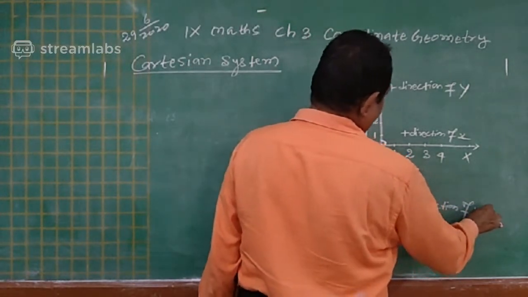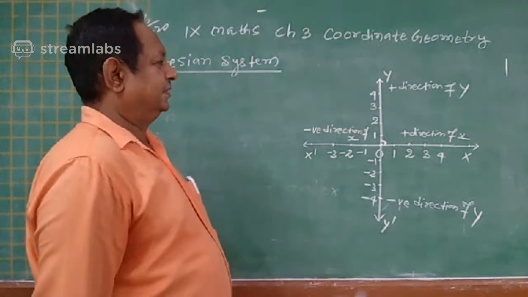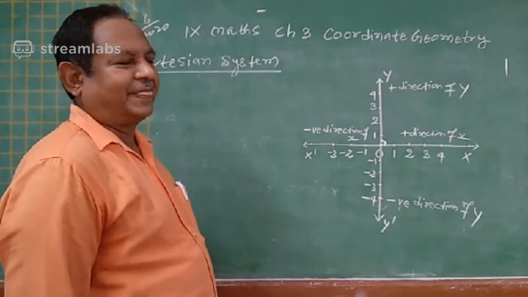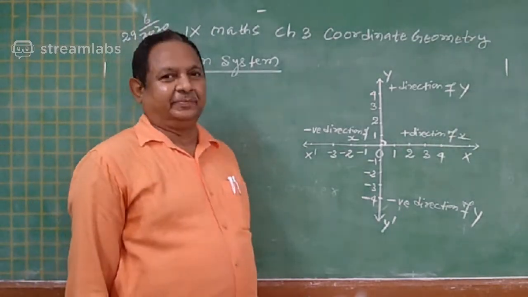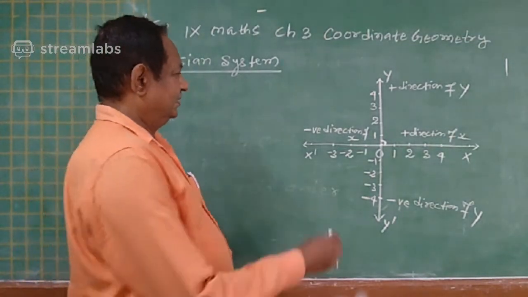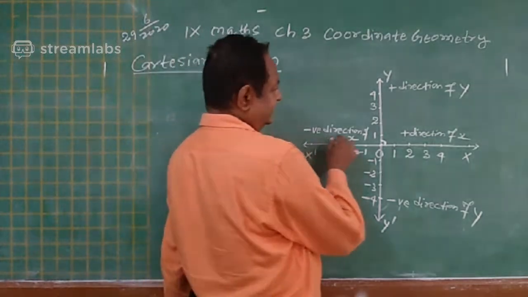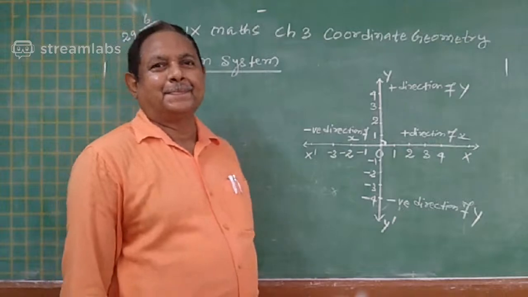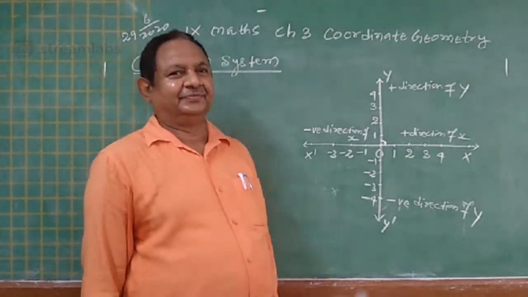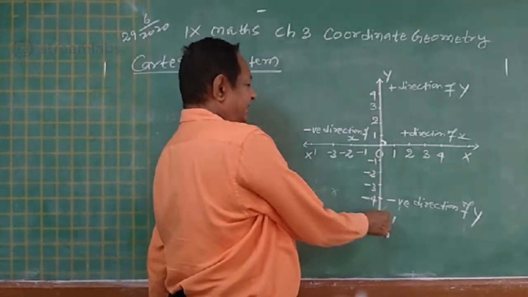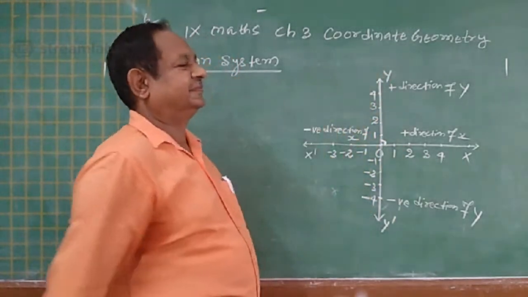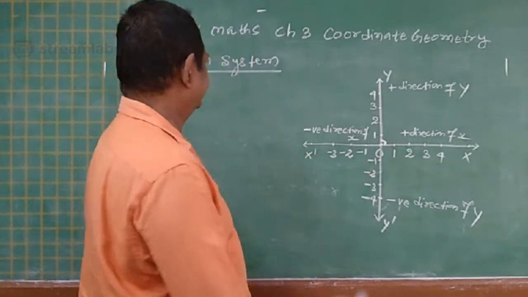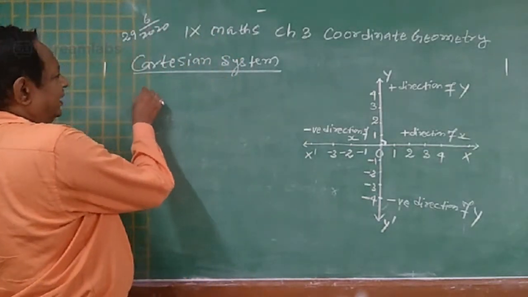This system is known as the Cartesian system. This horizontal line x dash x is called the x-axis, and this vertical line y dash y is called the y-axis.